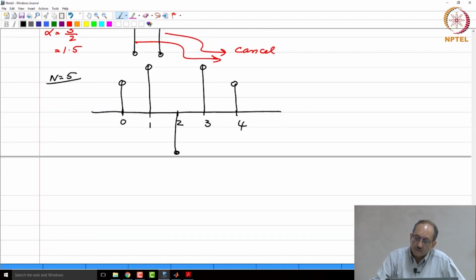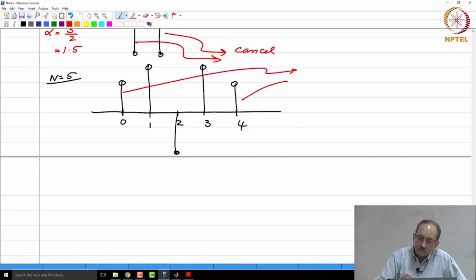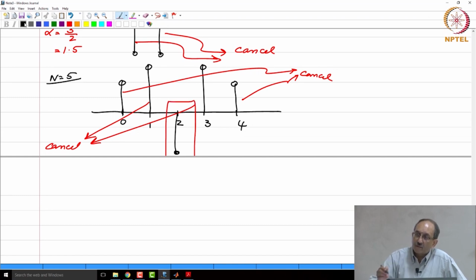So, it can be some arbitrary number. We will see that. So, this and this cancel, this and this cancel.